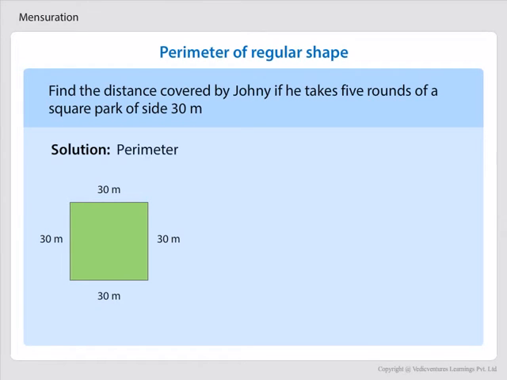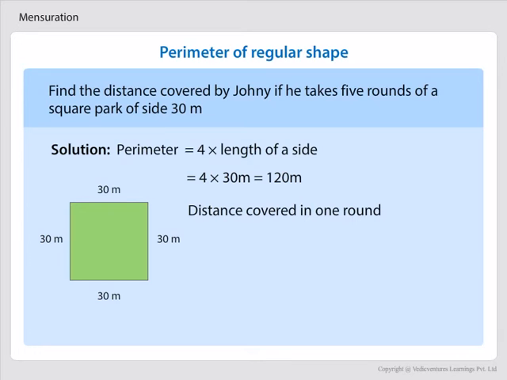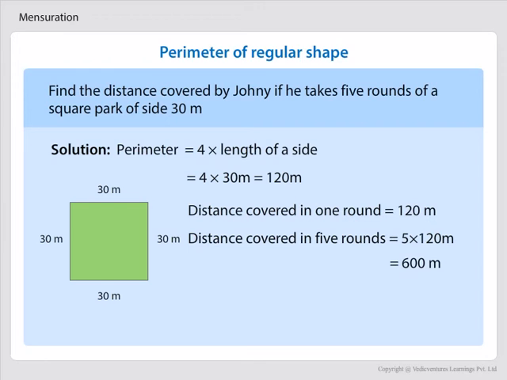Solution: perimeter of the square park equals 4 into length of a side equals 4 into 30 meter equals 120 meter. Distance covered in one round equals 120 meters. Therefore, distance covered in 5 rounds equals 5 into 120 meter equals 600 meter.